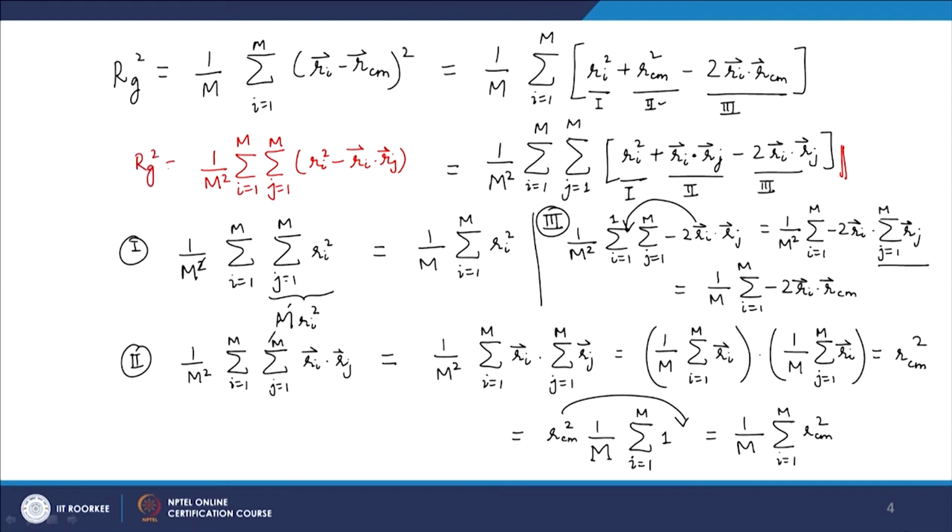So, let us start with this simplified expression of what we started with, and let us see what kind of further manipulations I can do. So, we started with Rg squared is equal to, and I want to get this into a whole square form.